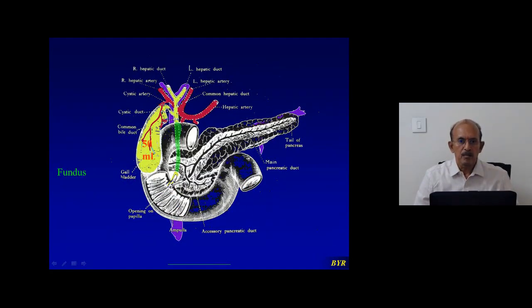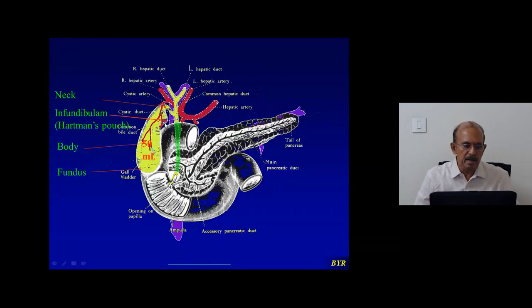The gallbladder has a capacity of about 50 ml. It has the fundus, the body, and the neck. There is a dilated portion on the ventral side of the gallbladder near the neck. This is called the infundibulum or Hartmann's pouch.